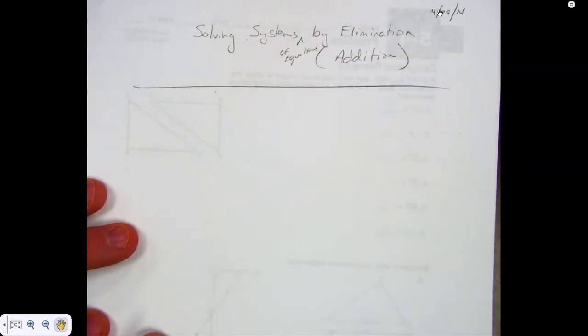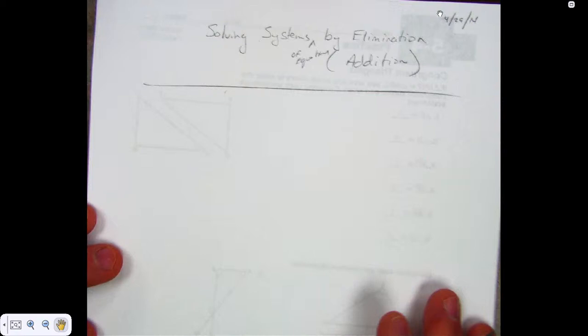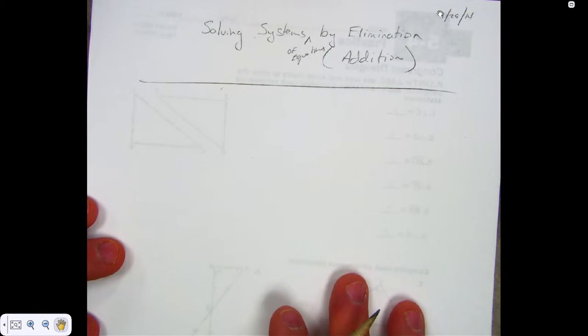Solving systems of equations by elimination. We've learned the substitution method, correct?